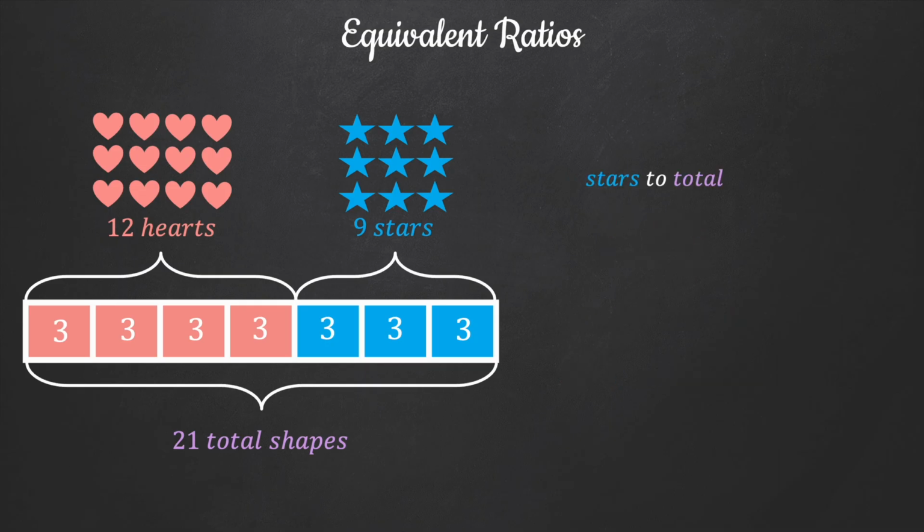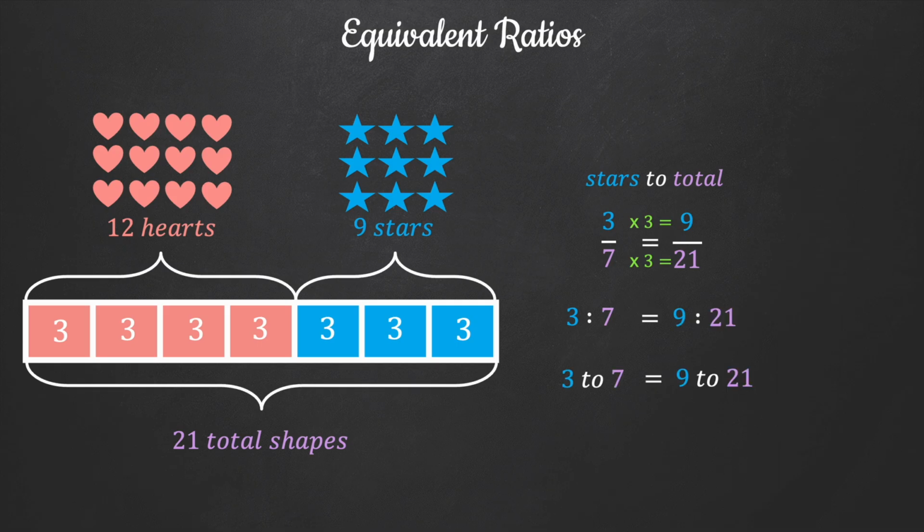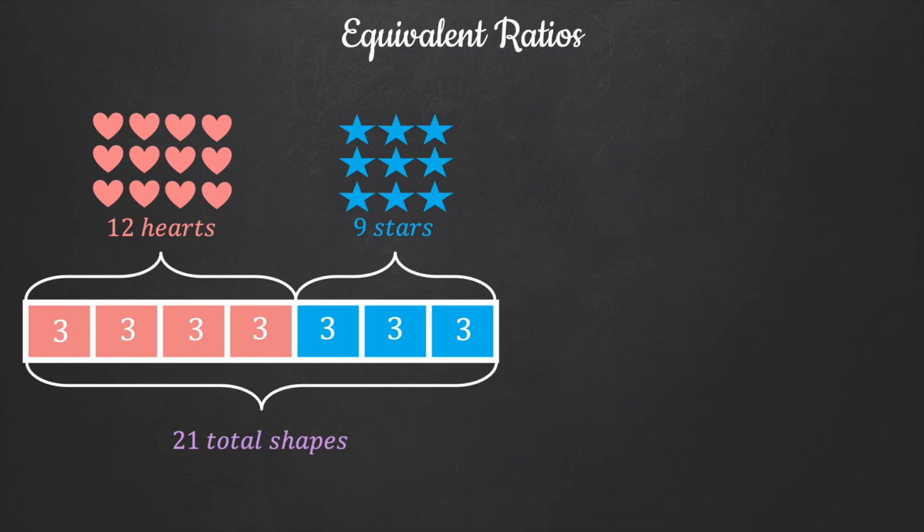Our original ratio of stars to total was 3 stars and 7 total shapes. And if we triple that, that becomes 9/21. And here are our other ratios as well. And then our original ratio of total to hearts was 7/4. And then we triple it.